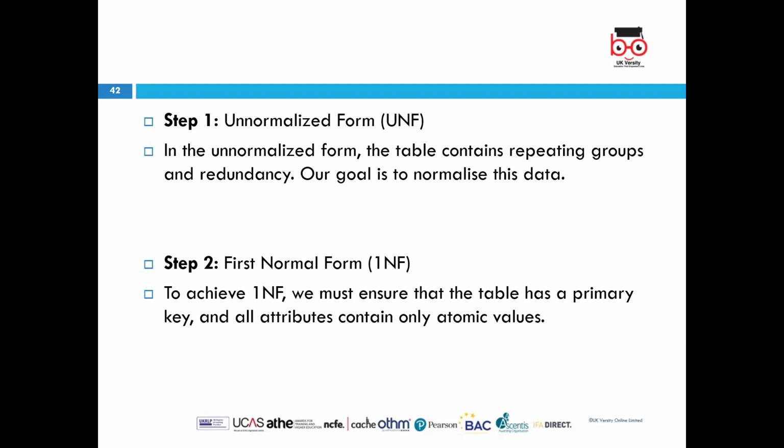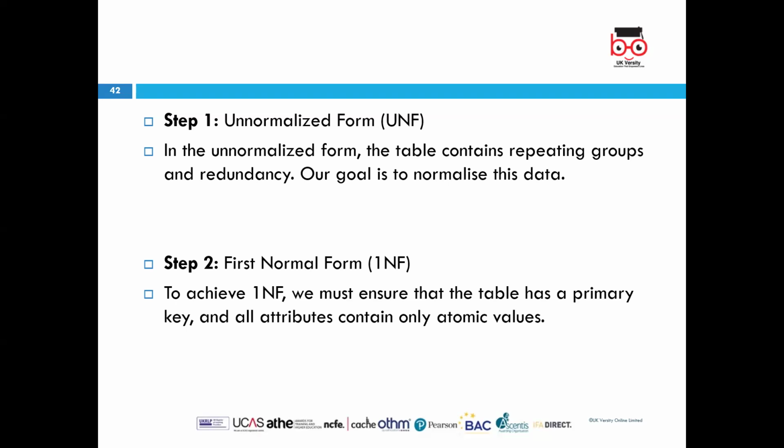So with step 1, in an unnormalized form, the table is going to be containing repeating groups and redundancy. With step 2, we're now going to achieve first normal form.